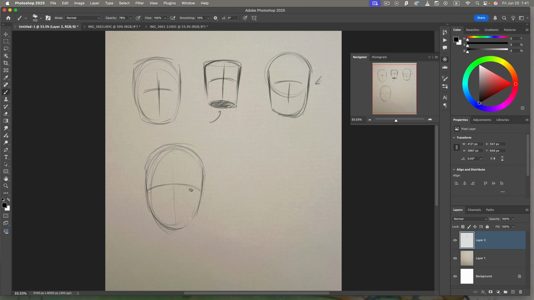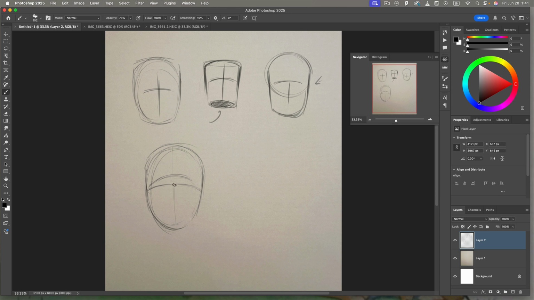Okay, so the eyebrows are basically in the middle, and we can block out this area for where the eyebrows are going to be. Okay, sorry, the eyes are in the middle.